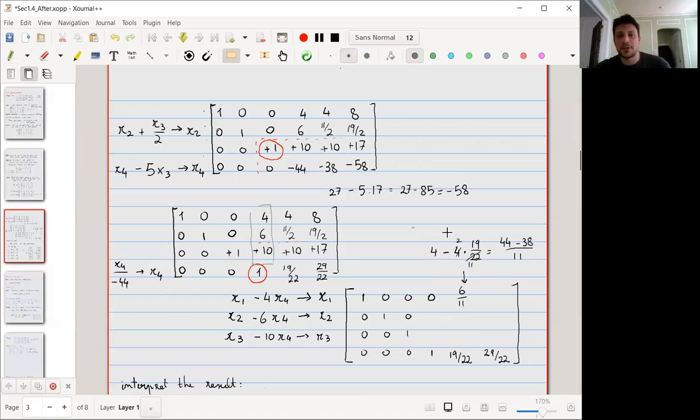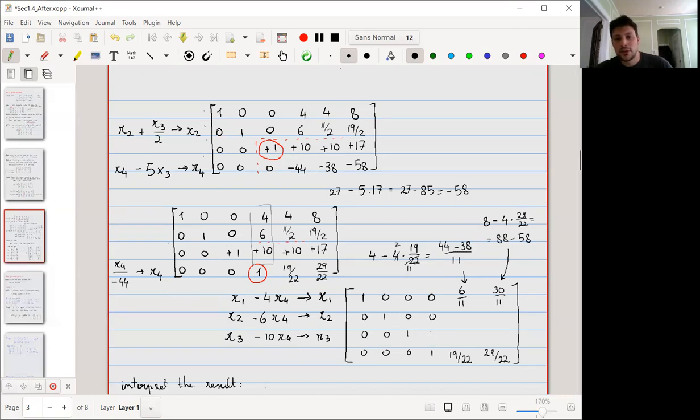Let's compute the other entry. Up here, what we get is, well, entry 1 has an 8 there, minus 4 times 29 over 22. When we compute this, we get 88 minus 58, which should be a 30 over 11.